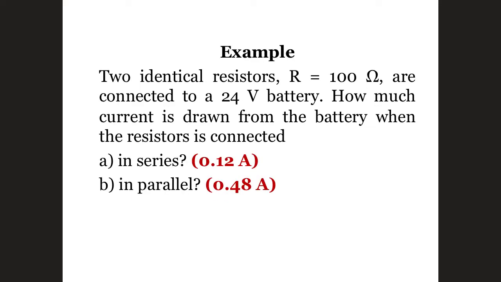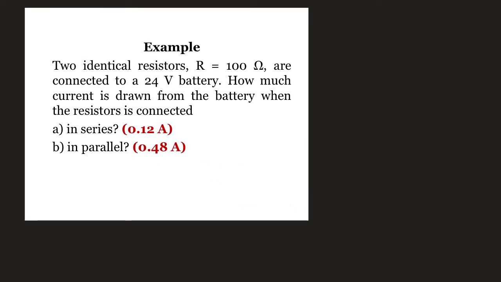Okay, let's move on with the next one, which is a calculation question. So you have two identical resistors that are connected to a 24-volt battery. How much current is drawn from the battery when the resistors are connected? The first thing you need to do is find the R equivalent.